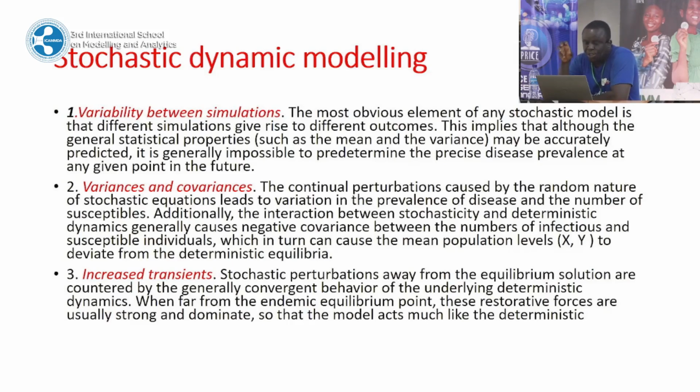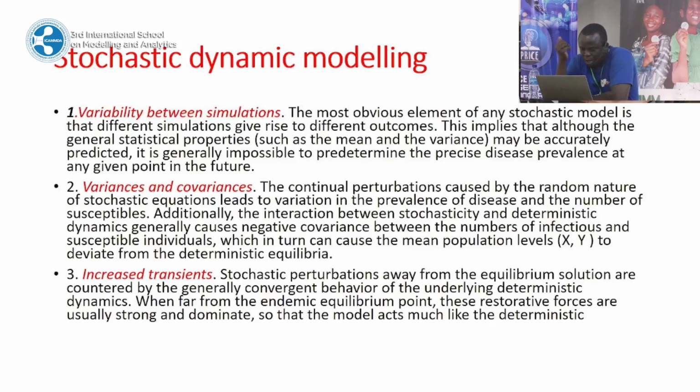Additionally, the interaction between stochasticity and deterministic dynamics generally causes negative covariance between the number of infectious and susceptible individuals, which in turn can cause the mean population levels X, Y to deviate from the deterministic epidemic. So there are variances between the susceptible and the infectious number in the population, and this is obvious even from what we saw here. So we also have the case of increased transient.